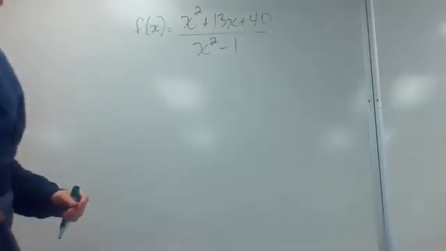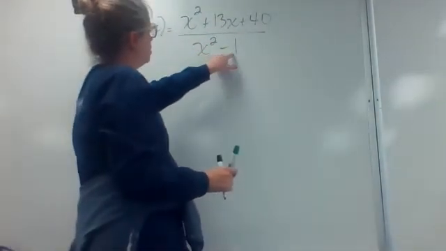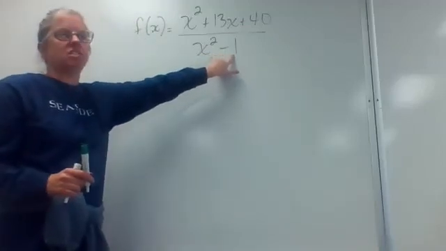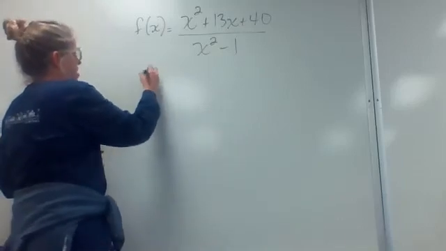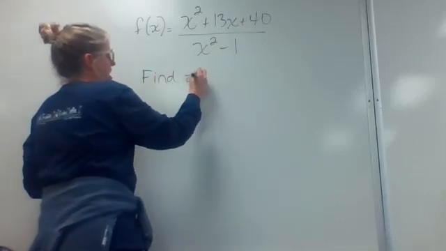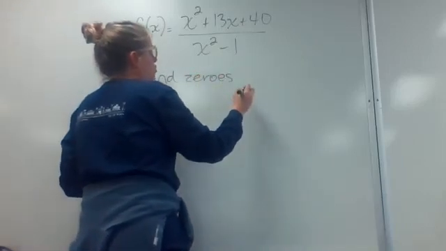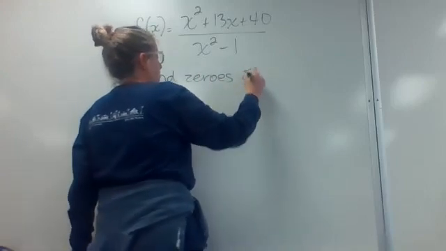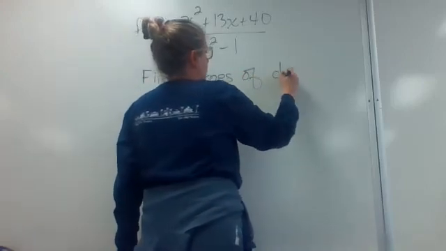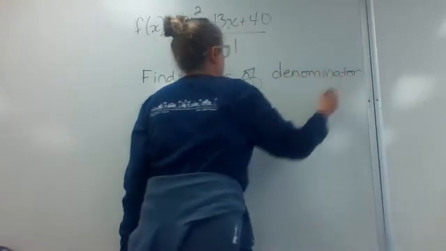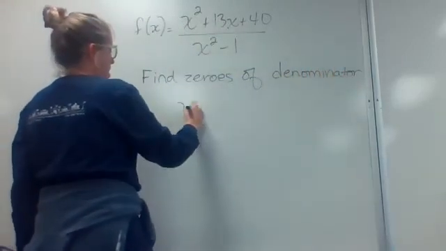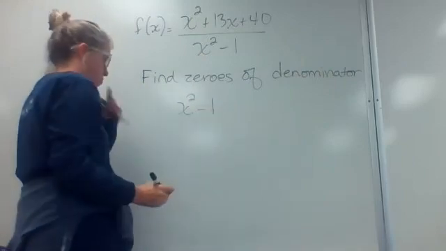So remember, when we're finding the domain of a rational function, the only thing that we're concerned about is the denominator. So we need to find its zeros because that's what we need to exclude from the domain. So let's see, x squared minus 1.